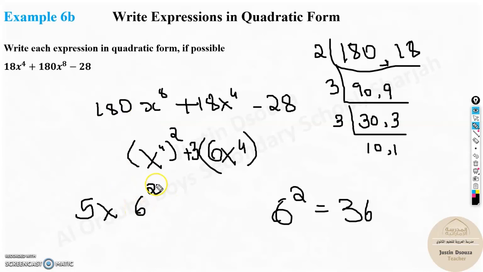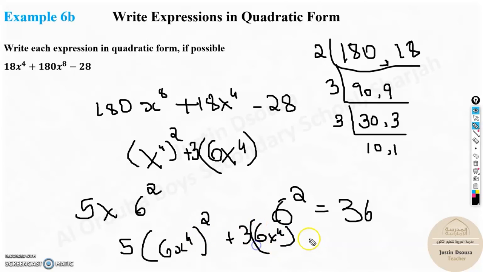Do you understand this? 6 squared is 36, times 5 is 180. Now I can write this as 5 times (6x to the power 4) the whole square plus 3 times 6x to the power 4, and lastly we have minus 28. The constant doesn't matter. So this would be the answer.